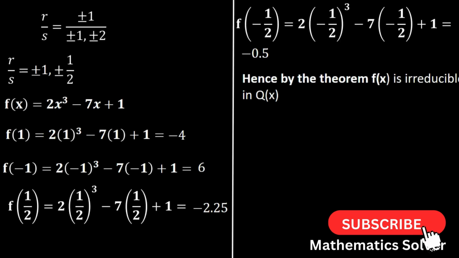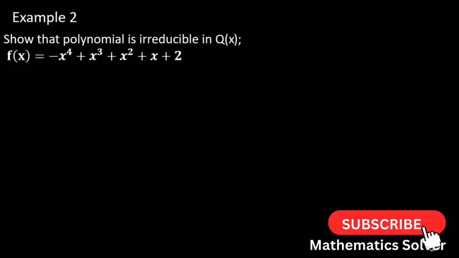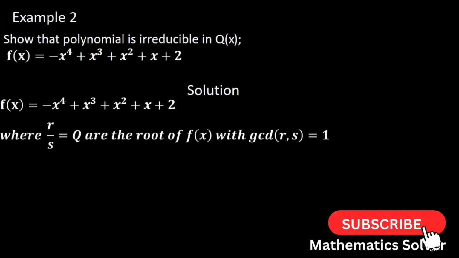Let's solve another example. The same procedure. We let f of x be our function, and we identify the rational numbers r over s that are roots of f of x, where the greatest common divisor between them is 1.